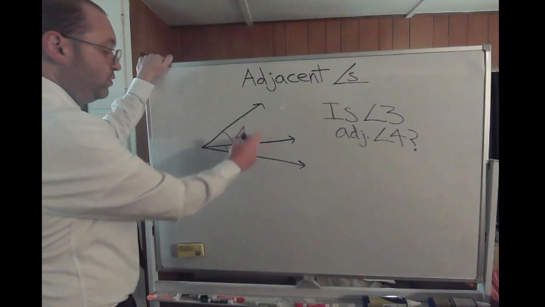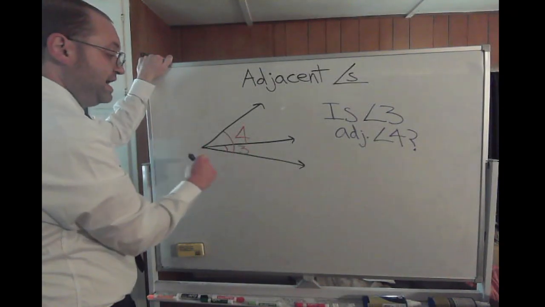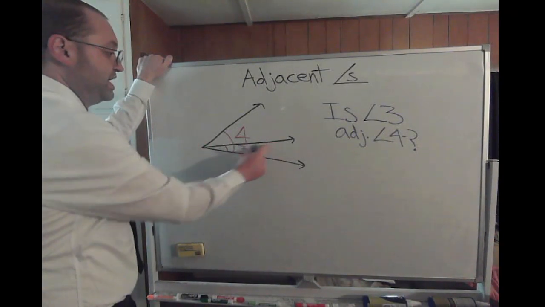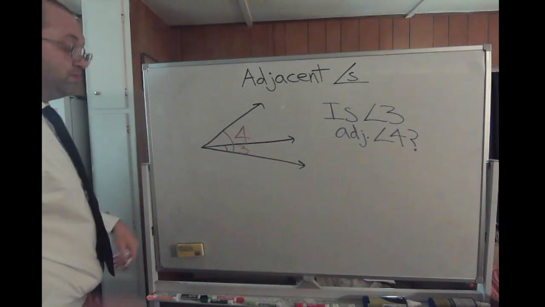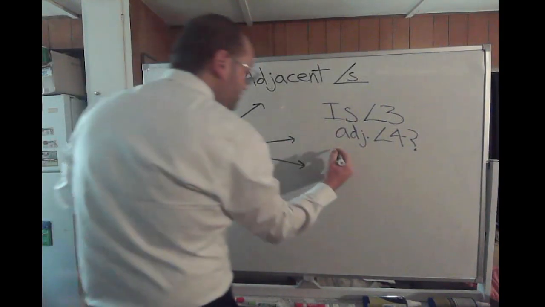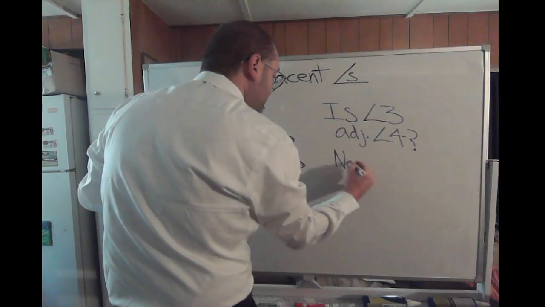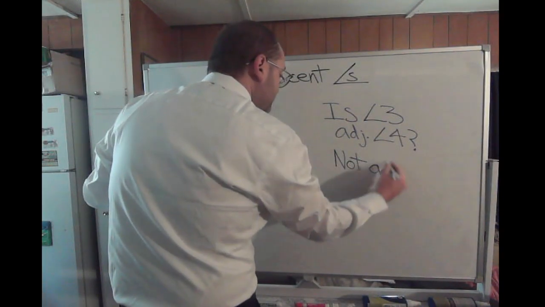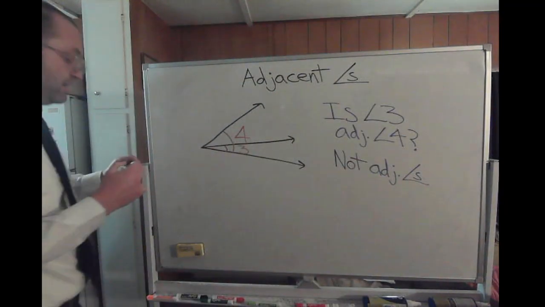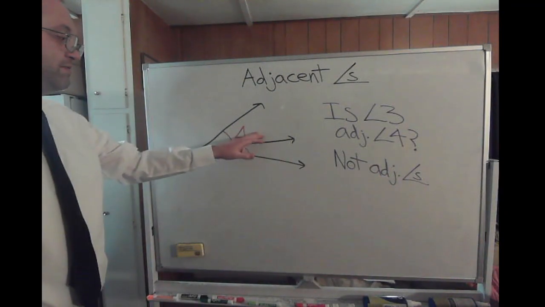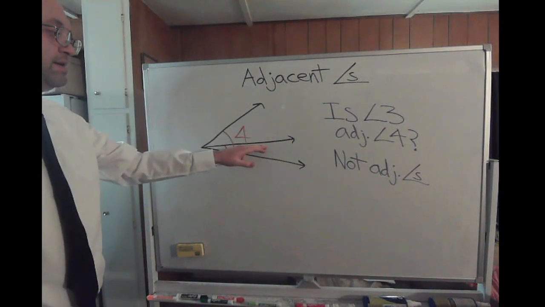But what angle 4 does not have in common is this middle side. It does not have this middle ray. So these are actually not adjacent angles, for the fact that they don't have the middle piece in common.